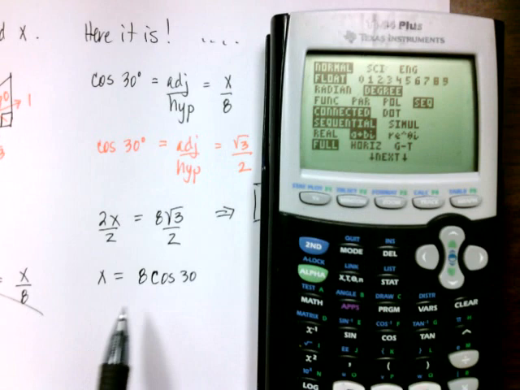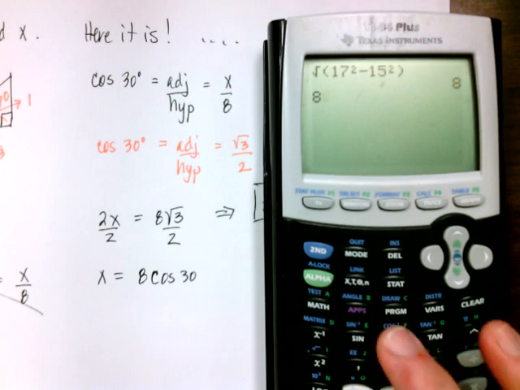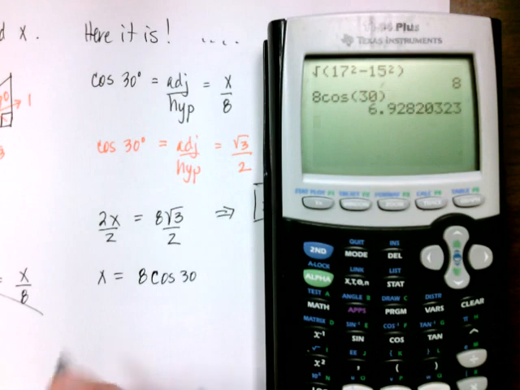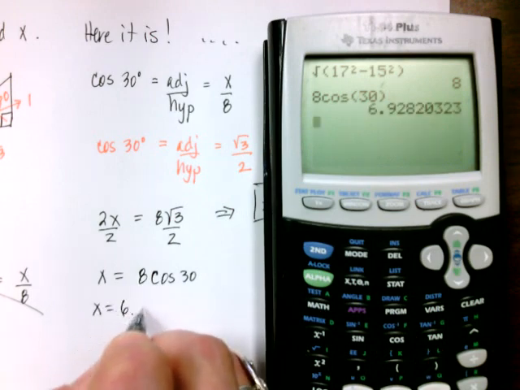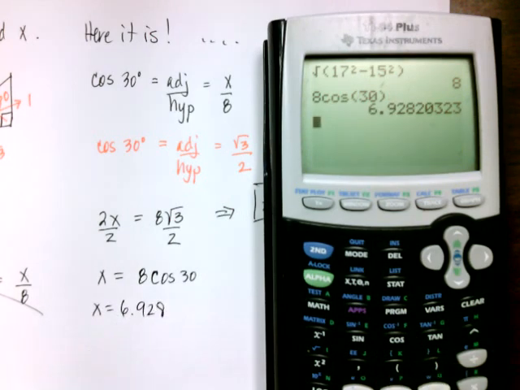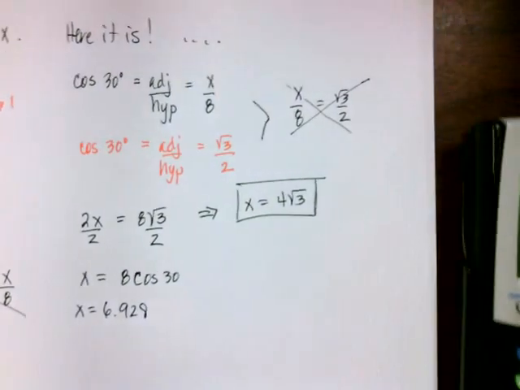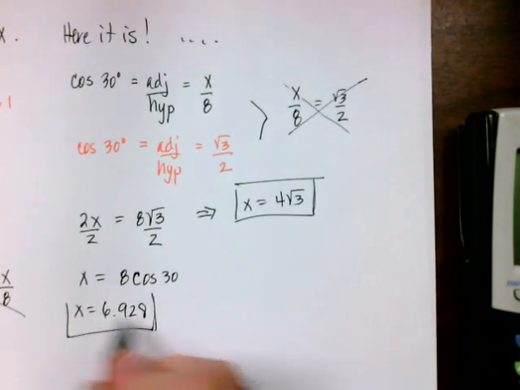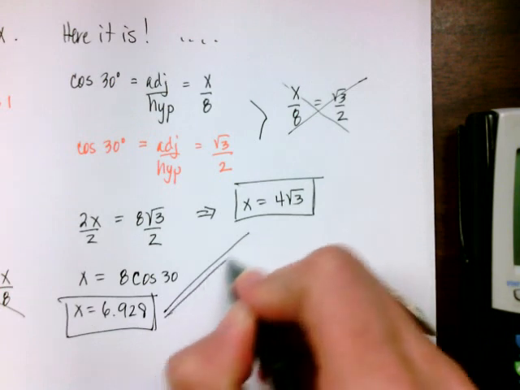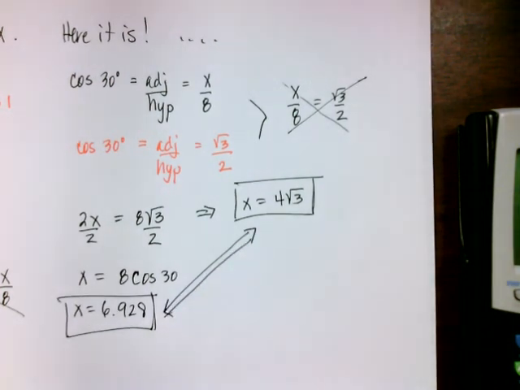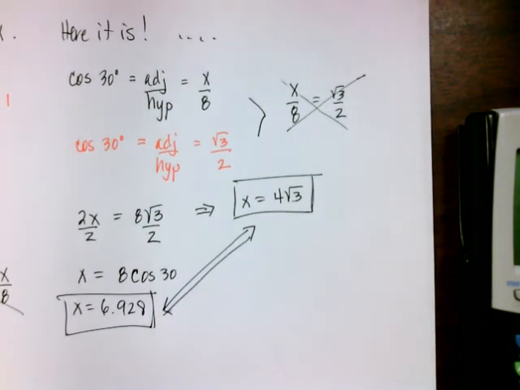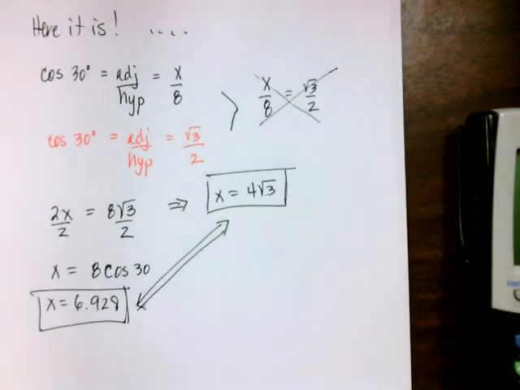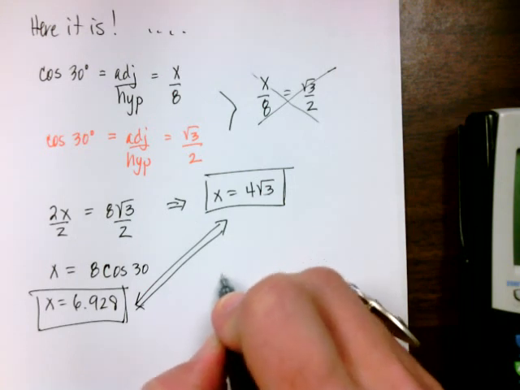Okay? So if I do this 8 cosine 30 in my calculator, and I would do 8 and then cosine 30, I would get that x is equal to 6.928. Remember, 3 decimal places are always appropriate. So notice that these two answers are equal. Okay, 4 radical 3, if you did that in your calculator, it's going to give you the same thing as 6.928. The key component is how they ask you to find your answers.